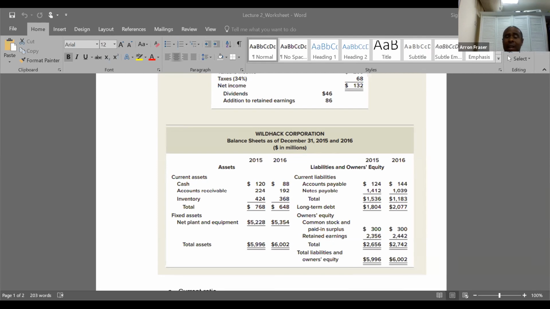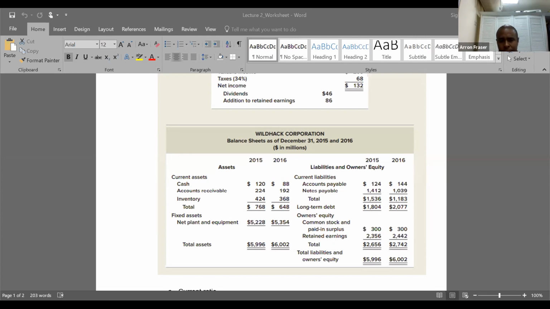Go ahead, who has hands raised? If you have a question, go ahead and ask. Sir, can you go back again? Which one? The total debt? Yes. All right, so total debt ratio is total assets minus total equity upon total assets. Total assets in 2016 is $6,002.